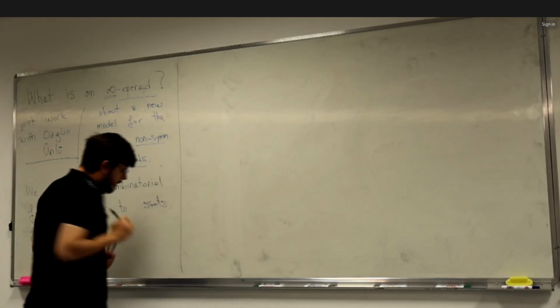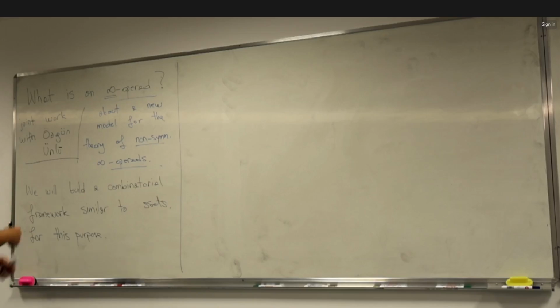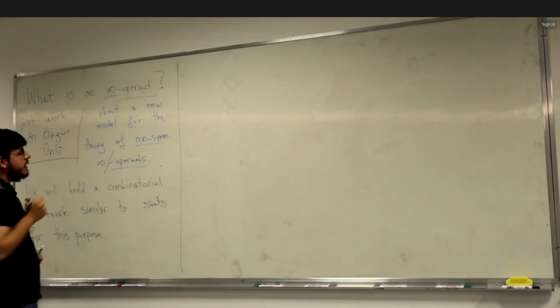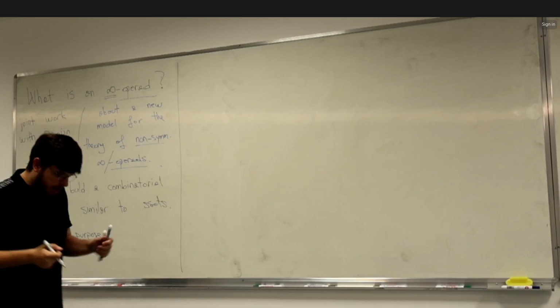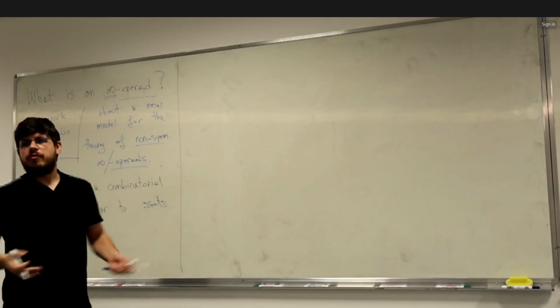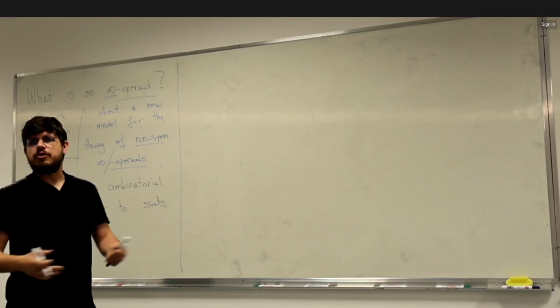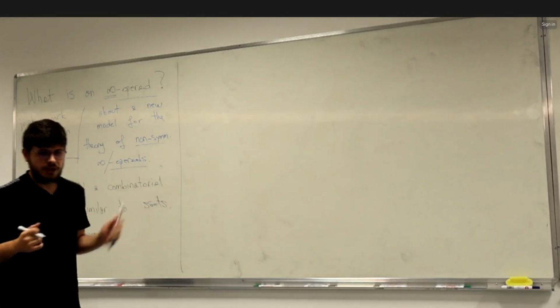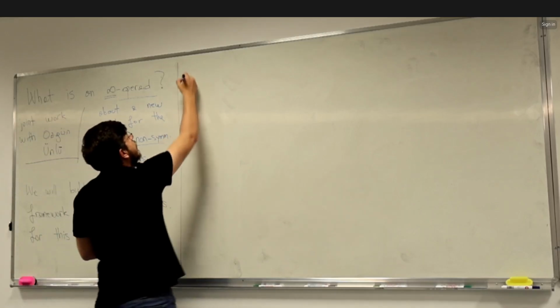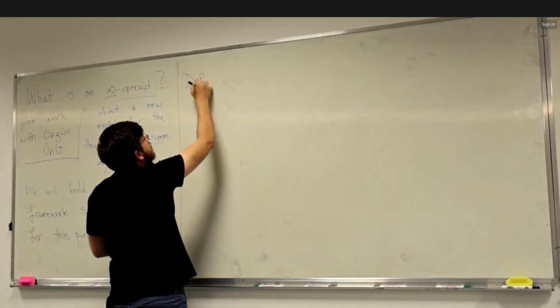Okay, so let's get started, and first of all, forget this infinity and let's review this notion of operad and what they are good for, before we go to the coherent case. So let's just write down the definition.